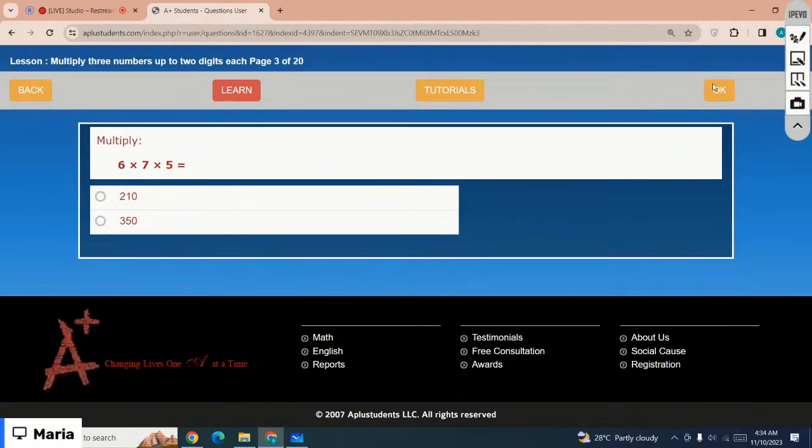Yes, you have to do 6 times 7. 6 times 7 is 42. Then you have to do 42 times 5. Got it? So which is the correct option? Yes, the correct option is option number 1, that is 210.